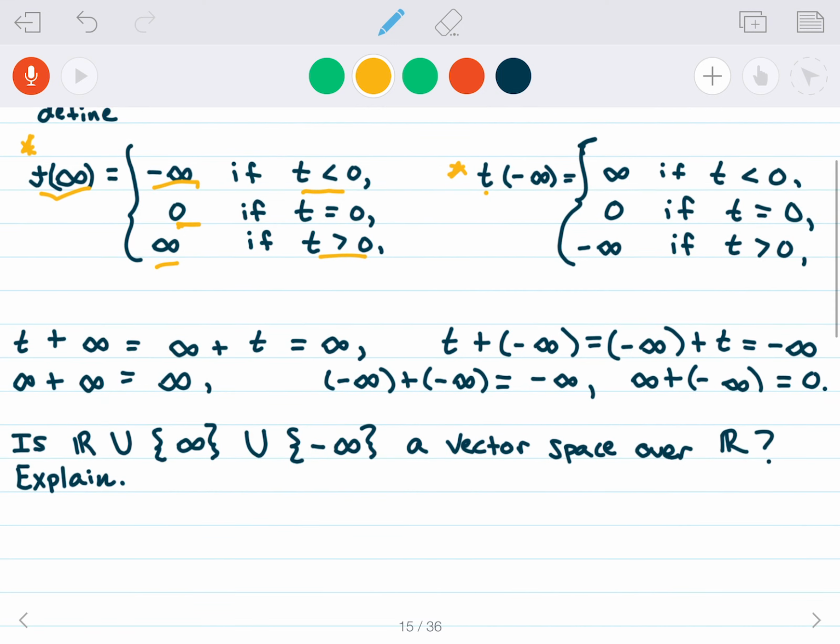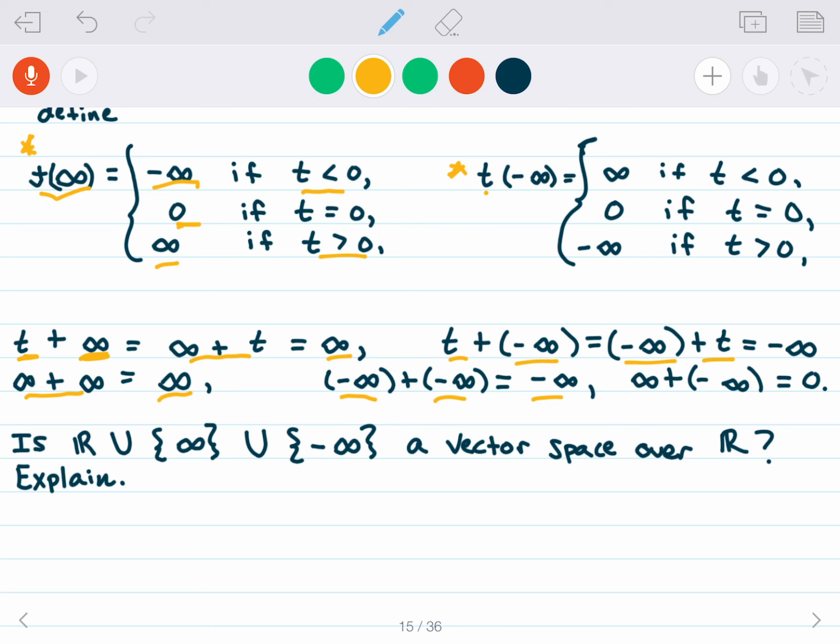And then Axler puts some additional criteria down here. He says, okay, if I take a real number and add infinity to it, those two objects commute, the real number t and infinity, and it's going to equal infinity. Infinity plus infinity is infinity. Negative infinity plus negative infinity is negative infinity. A real number plus negative infinity commutes again, negative infinity plus a real number.